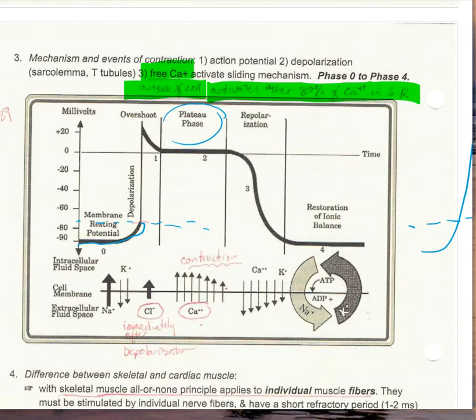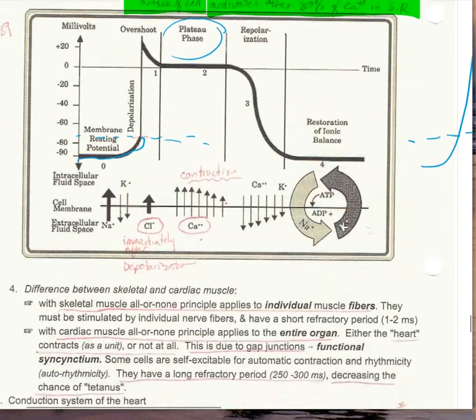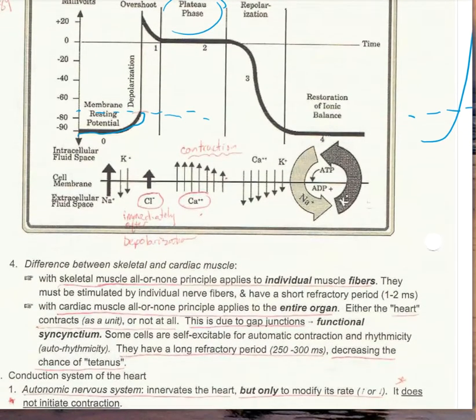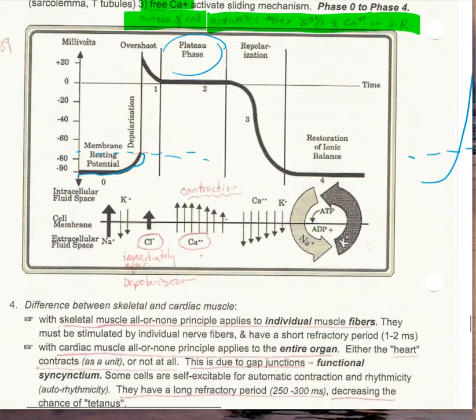One, chloride comes in immediately after sodium depolarizes. Two, calcium rushes in, activated by free calcium outside, and that plateaus our system for an extended period of milliseconds. And then we finally repolarize and do things kind of normally.